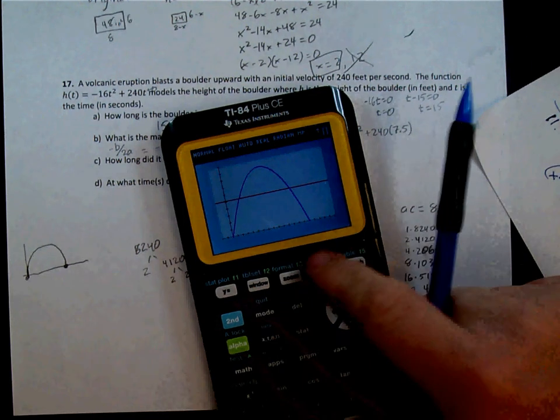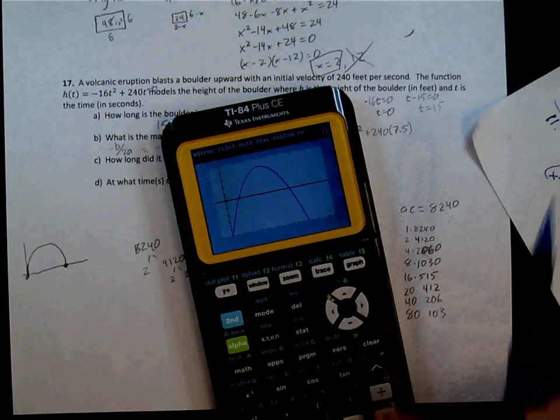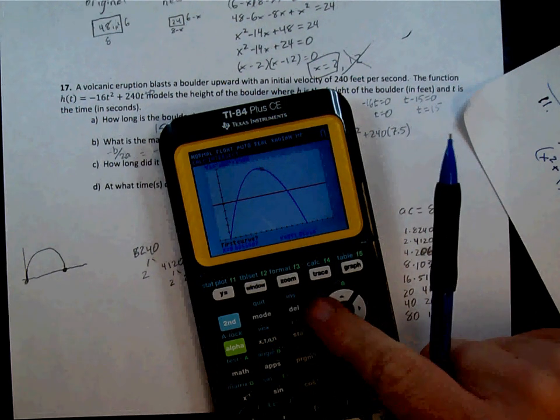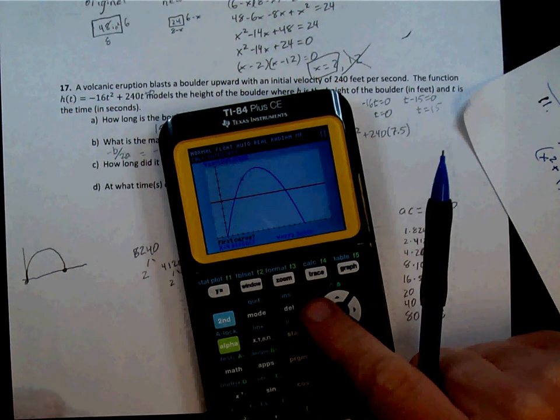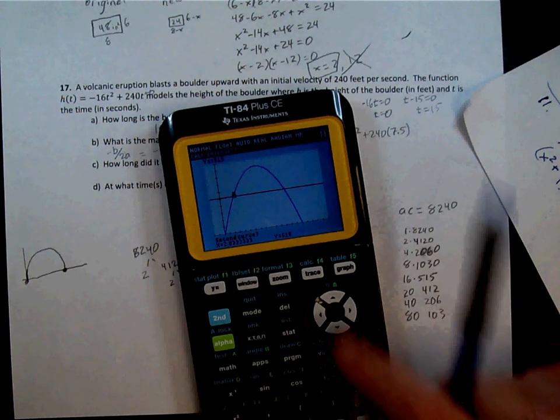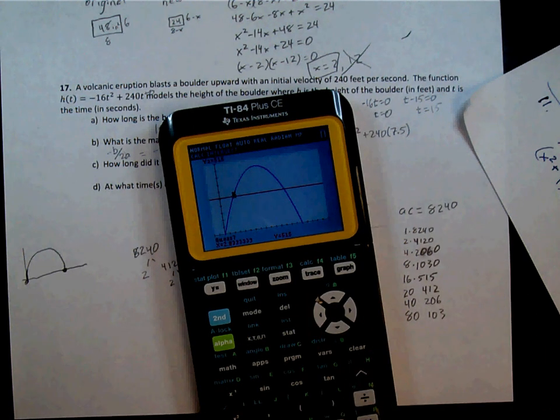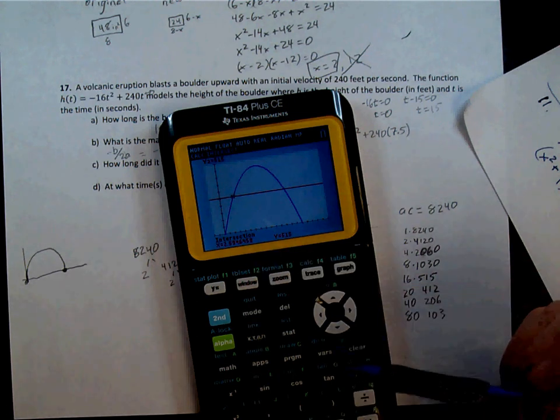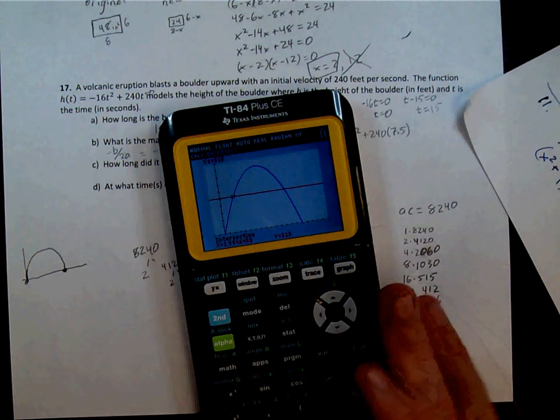If I go to calculate intersection, for this first curve, I'm going to approach the left one. Yep, so it's not a nice number. About 2.59, I can't read that very well, but it's 2.59.